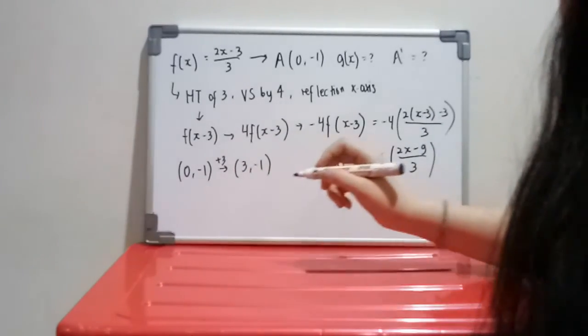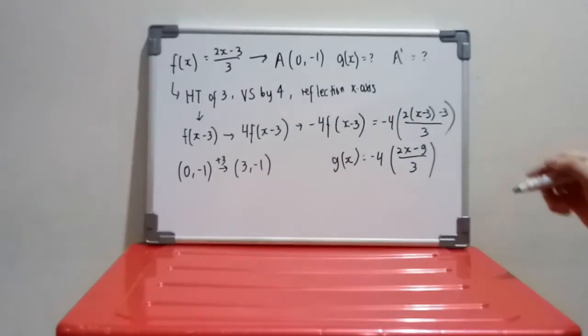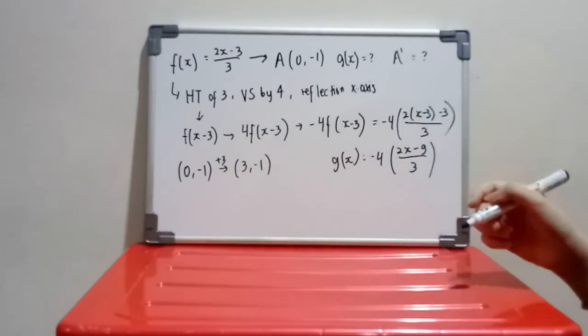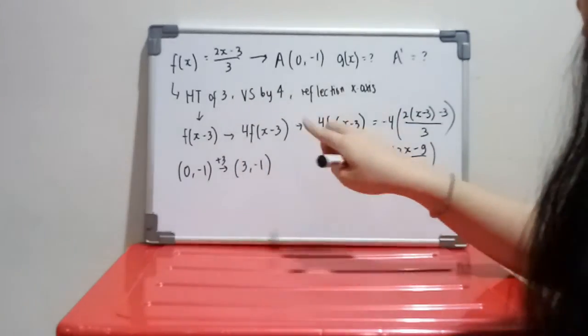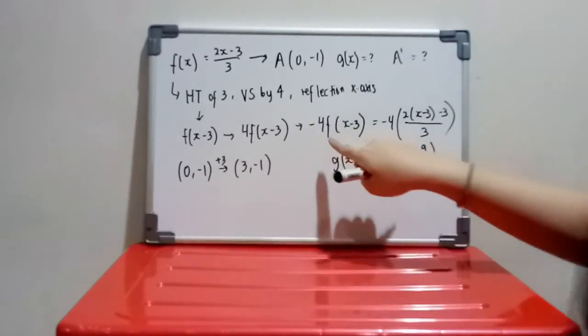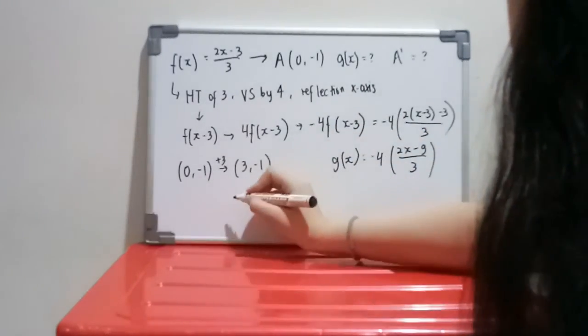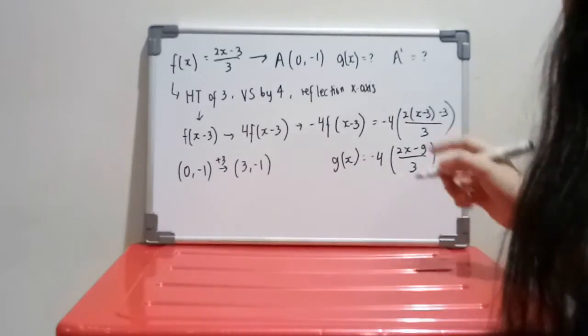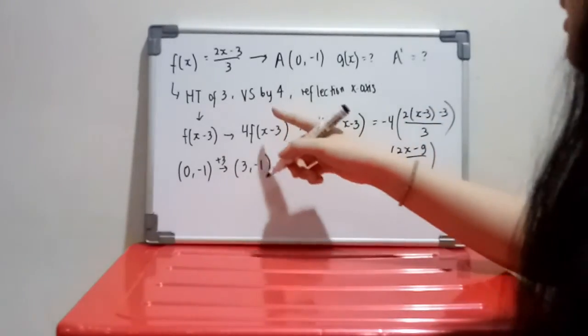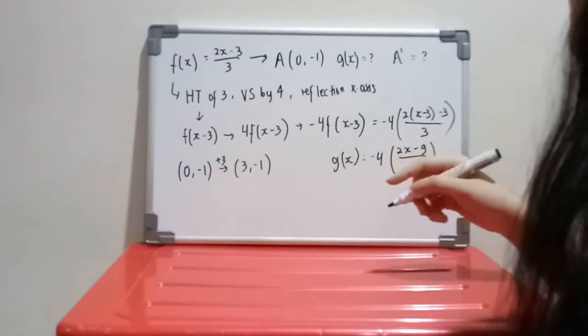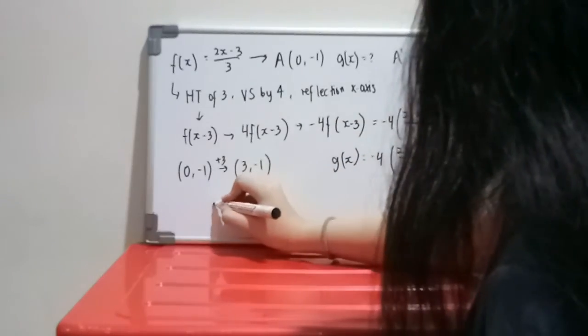And then we have vertical stretch by 4 and reflection in the x-axis. They are next to each other, so you can just multiply negative 4 directly to the y value, because it's a reflection in the x-axis and vertical stretch affects the y value of a function.